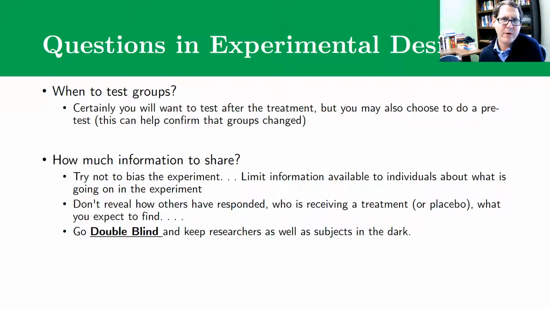If I don't know whether you're confirming my expectations, if I don't know if you're in the treatment group or the control group, I can't subtly, through body language and facial expressions and tone of voice, cue you in that you're giving me the information that I want. So a double-blind study can help to control for a lot of these sort of subtle ways in which our own behavior can make treatment groups and control groups different.